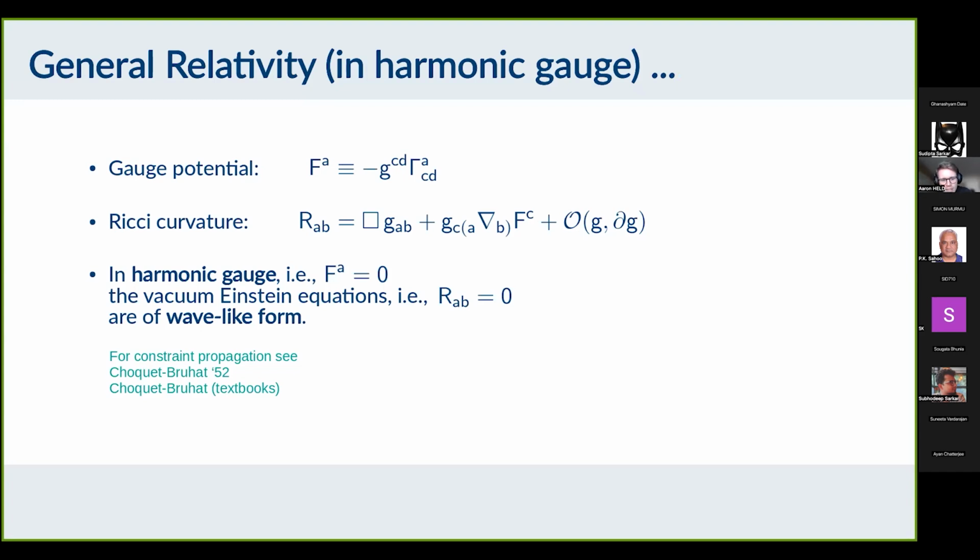So here the real insight from Choquet-Bruhat is on the gauge part, to make sure that you're picking harmonic gauge such that the system is in quasi-linear form. Yeah, the box is the standard Minkowski box, right? Well, it doesn't have to be Minkowski.